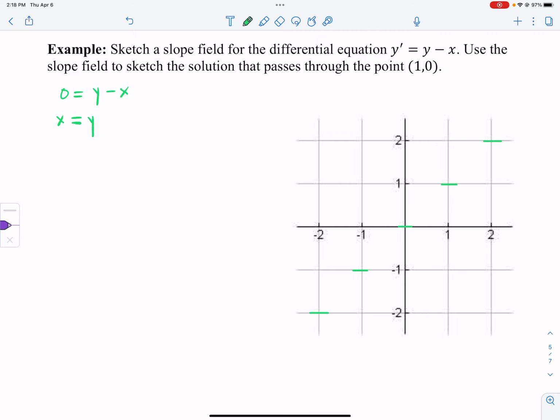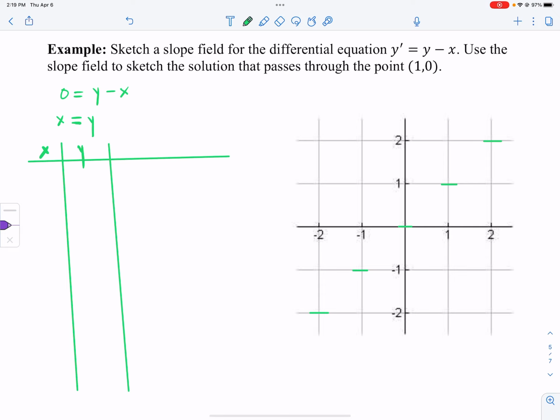Or you're just trying to spot trends. So whenever you start filling in your table, so x, y, and then y prime, you can spot trends and you won't have to fill in as many points in your table.